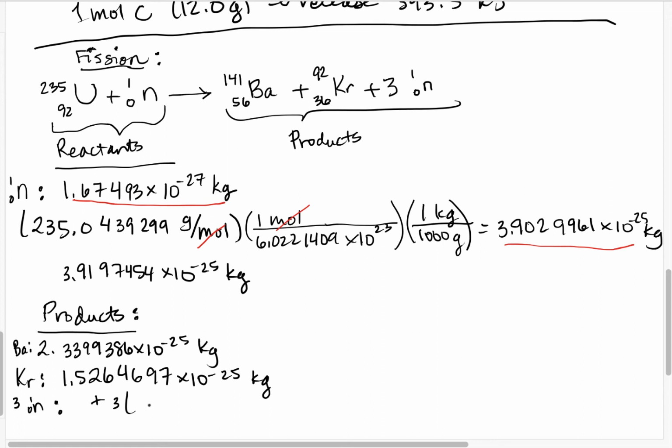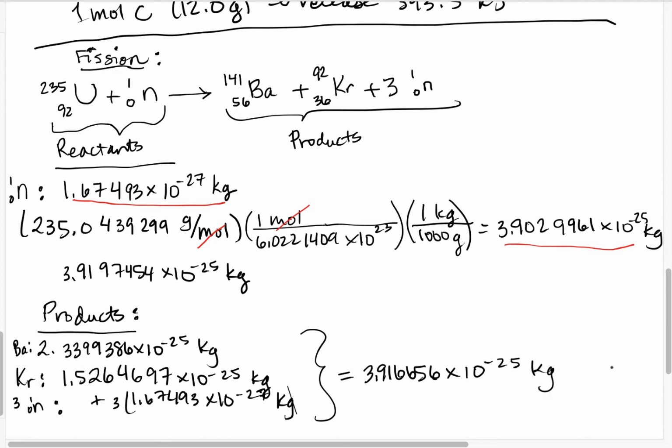I'm just going to put times 3, 1.67493 times 10 to the minus 27 kilograms. And when we add all of these up, we get 3.916656 times 10 to the minus 25 kilograms.